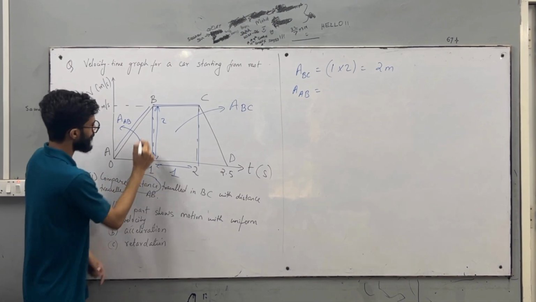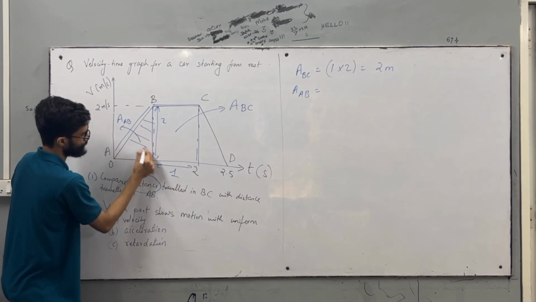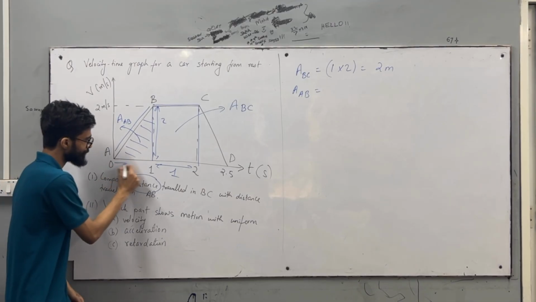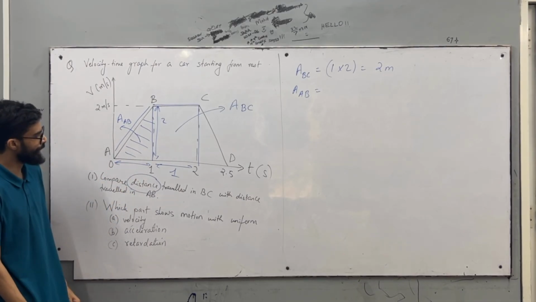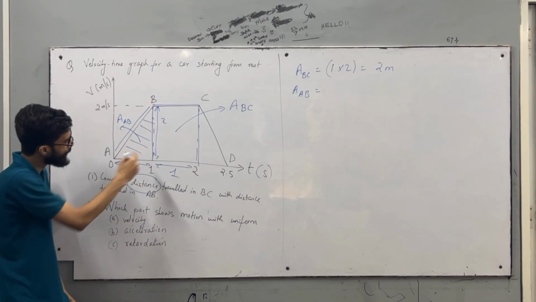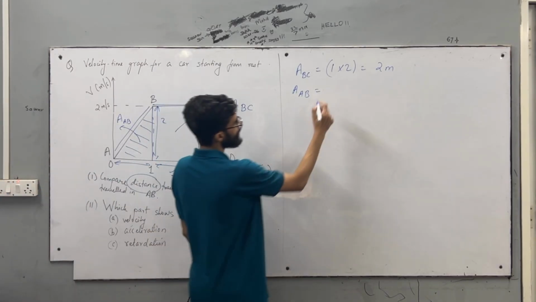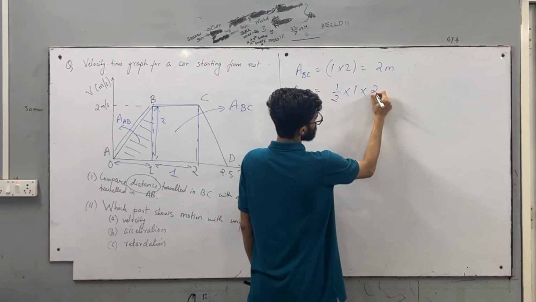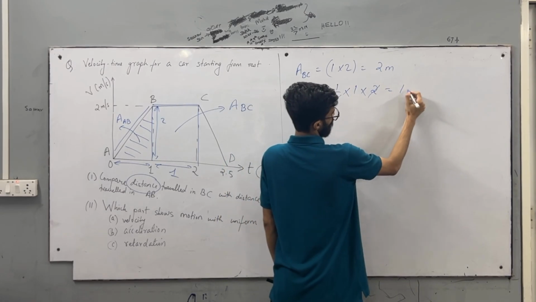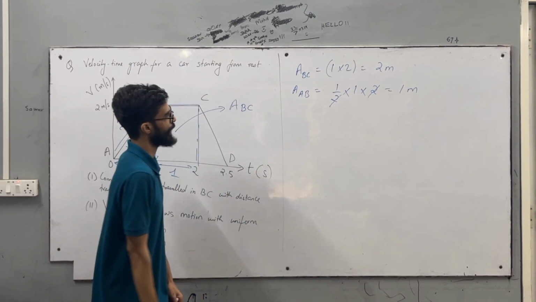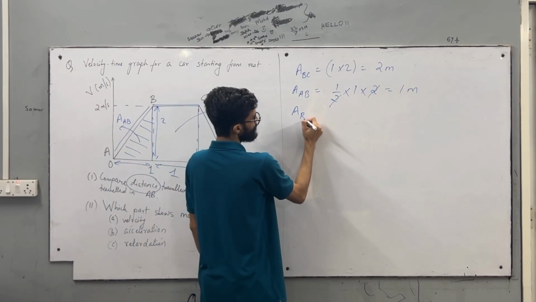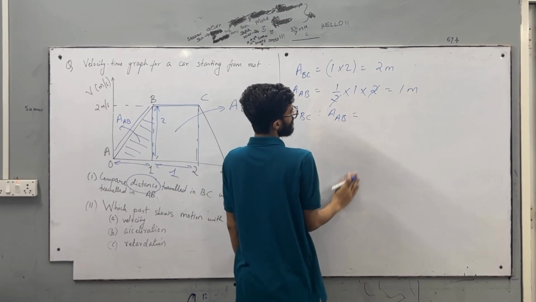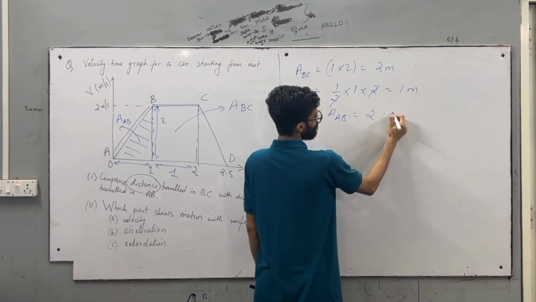Now this shape is forming a triangle of base 1 and height 2? So it will be half into base 1 into height 2. This is 1 meter. Therefore, area of BC to area of AB is nothing but 2:1.